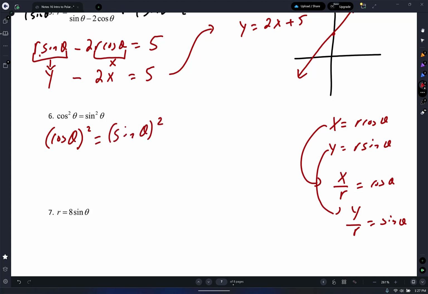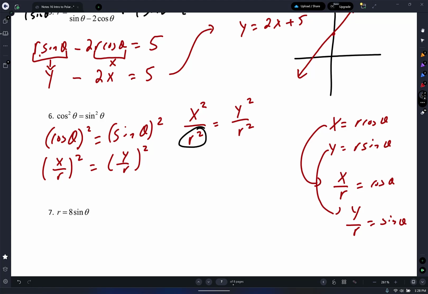So cosine theta is equal to x over r. So now I'm going to square both sides. And I'm going to have x squared over r squared equals laws of exponents. Notice I have an r squared on both, in the bottom of both.